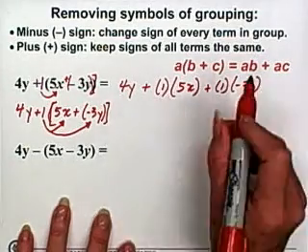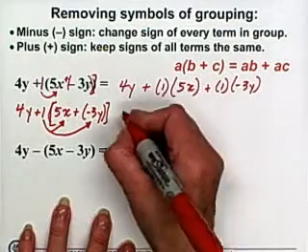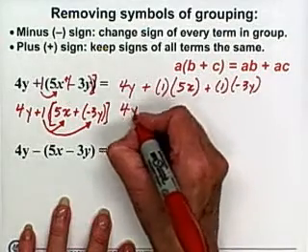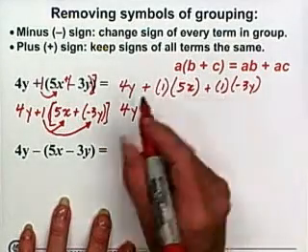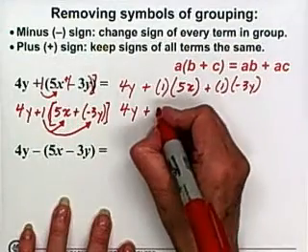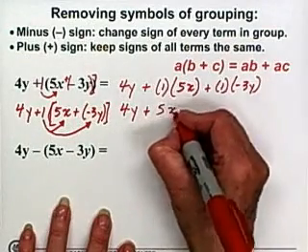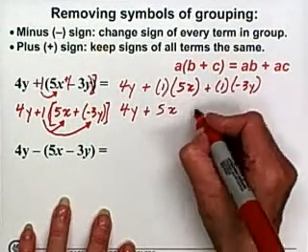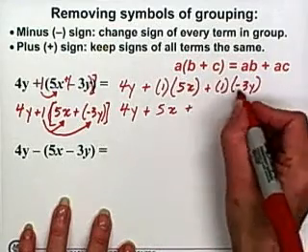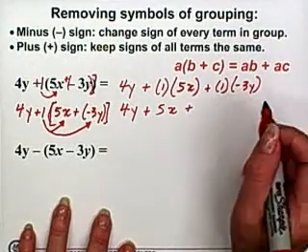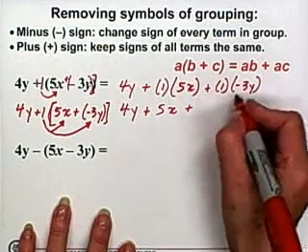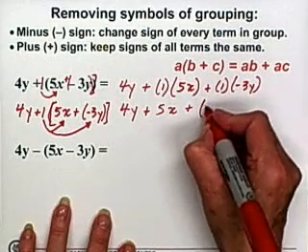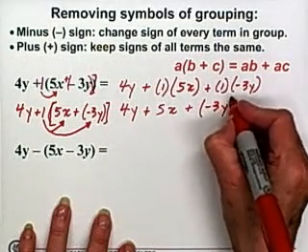Now we're just going to work through this and get rid of some of these brackets. 4y plus 1 times 5x is 5x. So we have 5x. We're going to just put down the plus sign here and deal with this. 1 times minus 3 gives us minus 3y. So we have minus 3y.